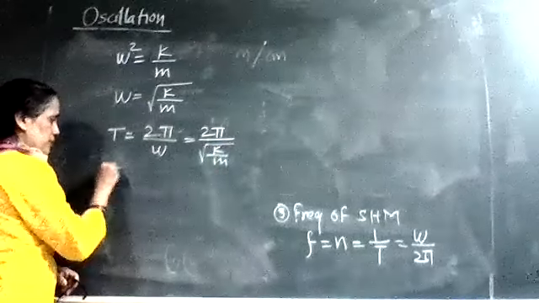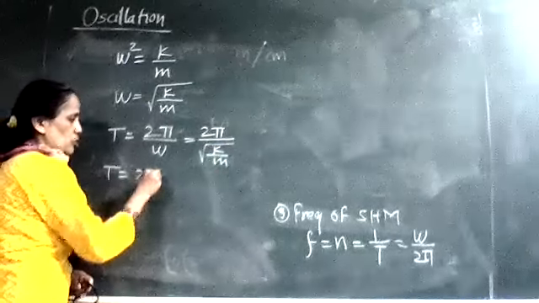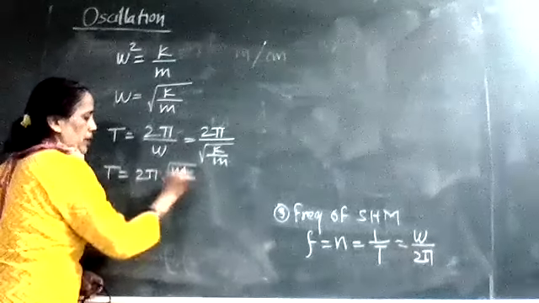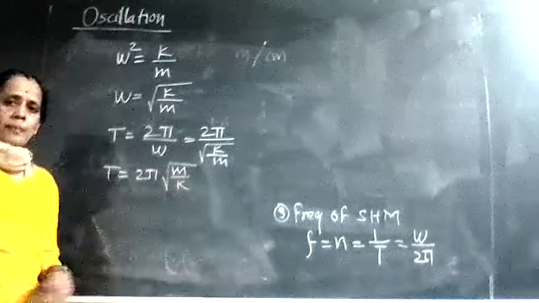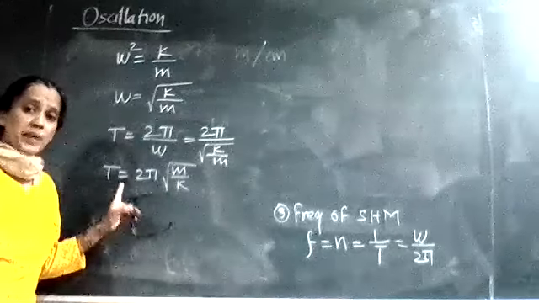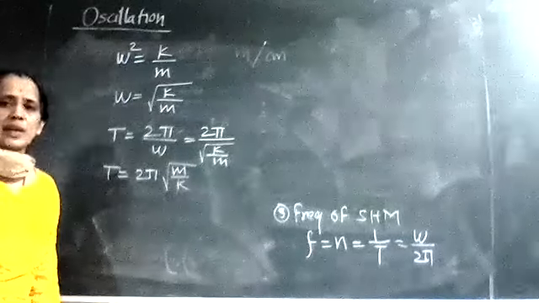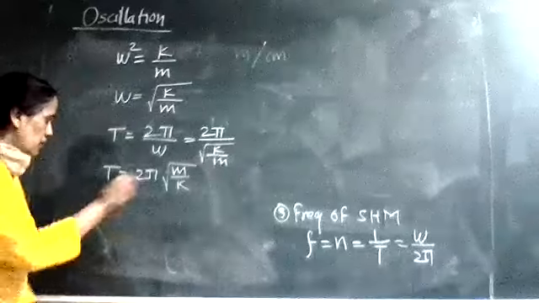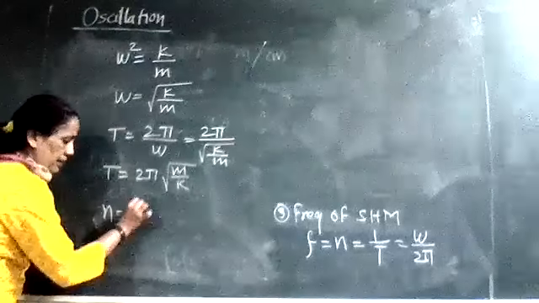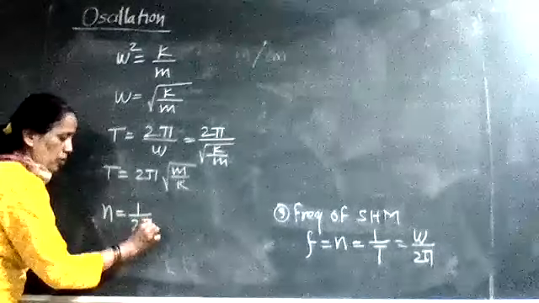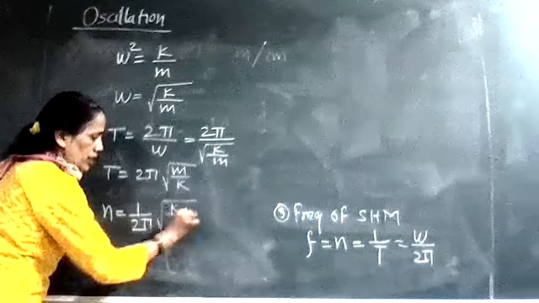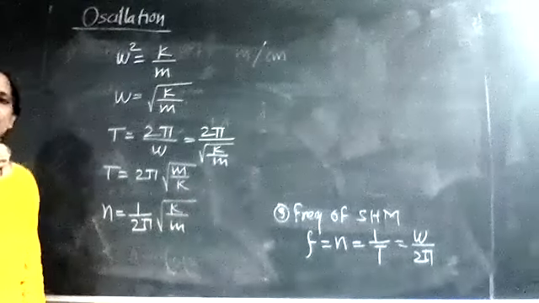So what do I write? Period T is equal to 2 pi under root of m by k. So this is the formula for period when the particle is performing SHM. Then what is frequency? Frequency is the reciprocal, so 1 upon 2 pi under root of k by m. This is nothing but the frequency.